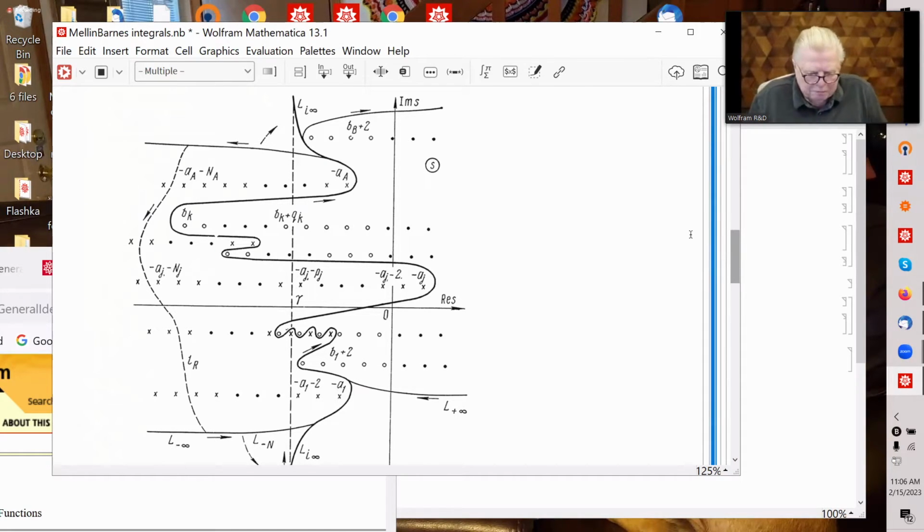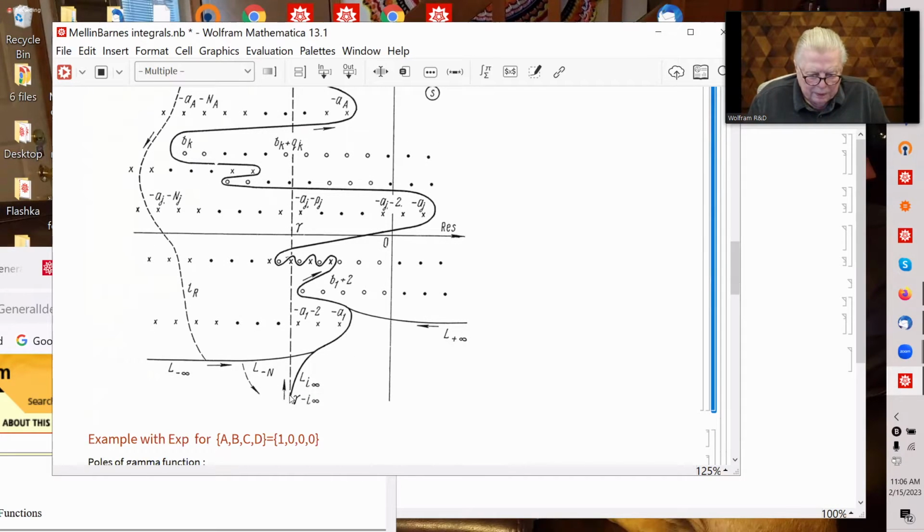People can see the contour. I mark the left poles at points minus A1, and so on, minus AG, minus capital A. So the left poles start from this and have period 1 and go in the left direction.